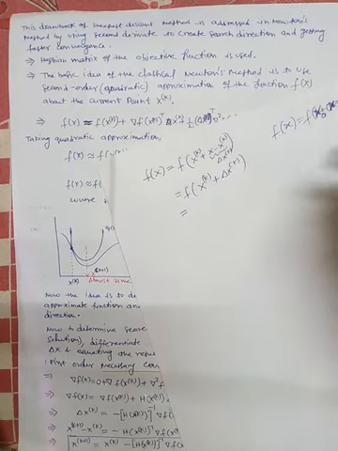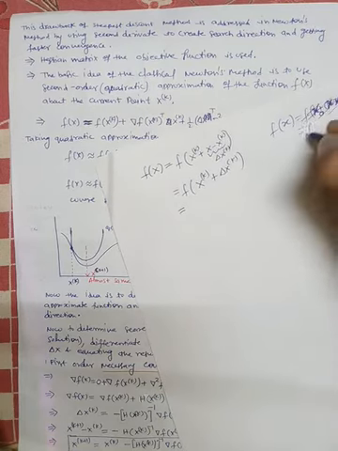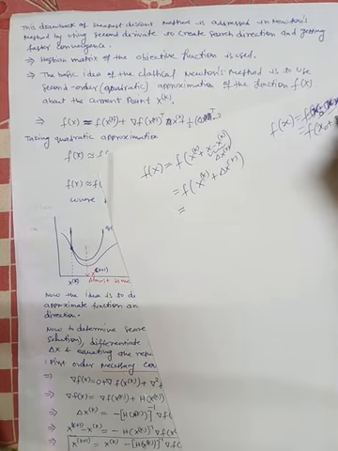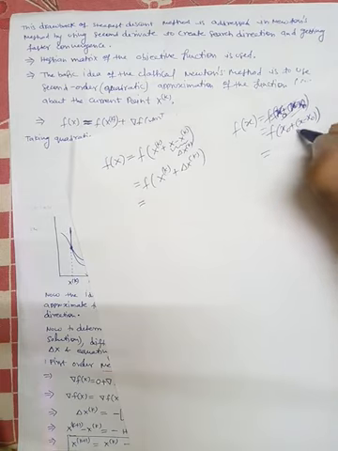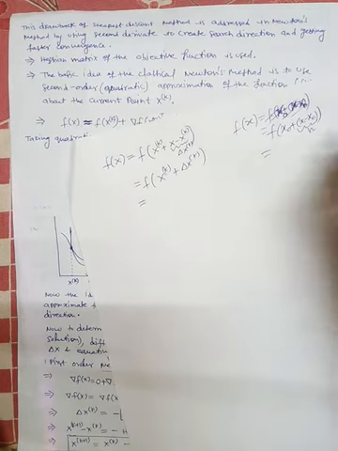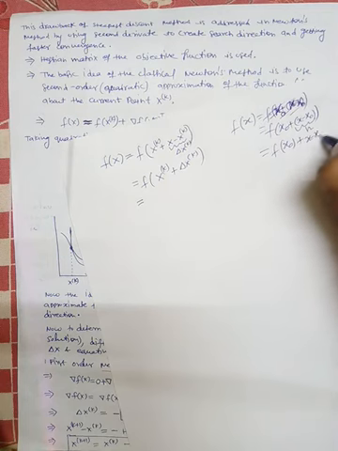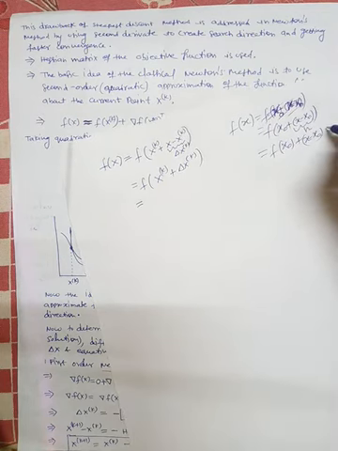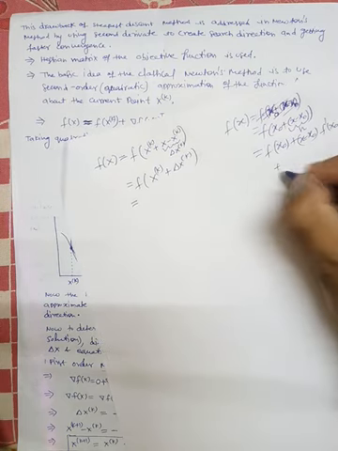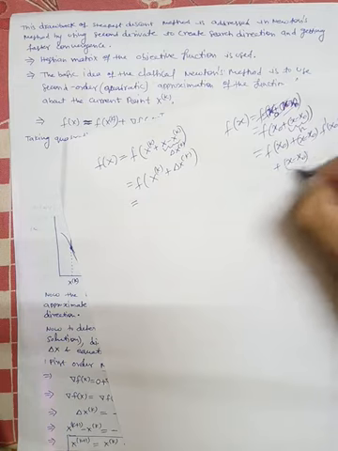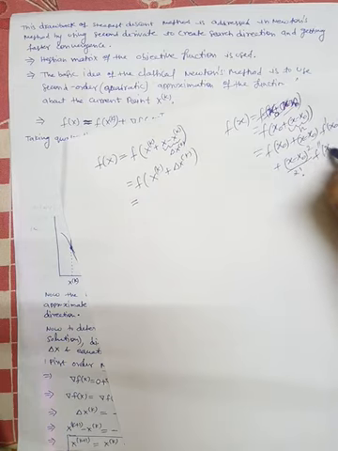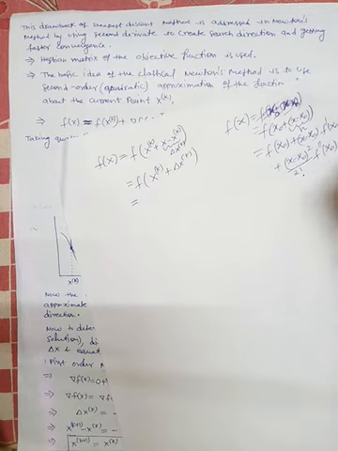Let h be x minus x naught. So what will be the expression? f at x naught plus (x minus x naught) times f dash at x naught plus (x minus x naught) whole square divided by factorial 2 times the second derivative at x naught, plus higher order terms.